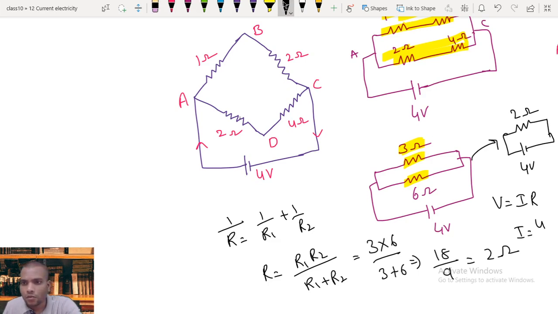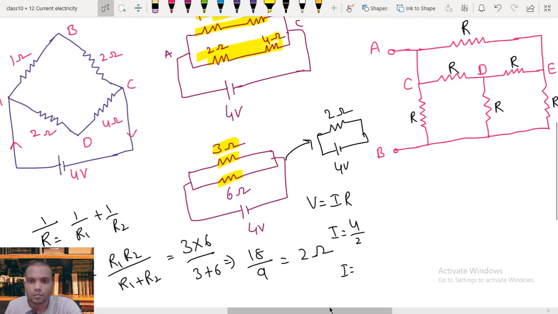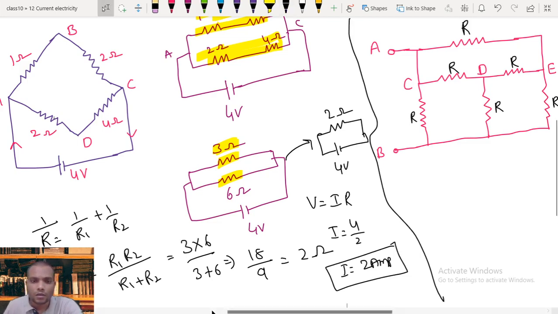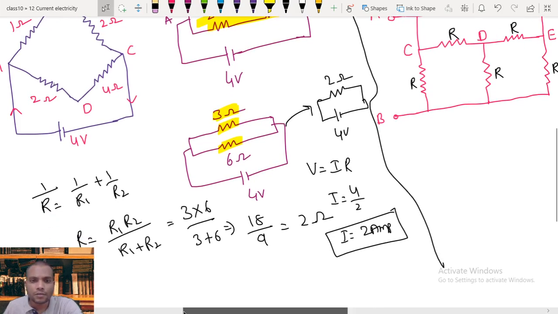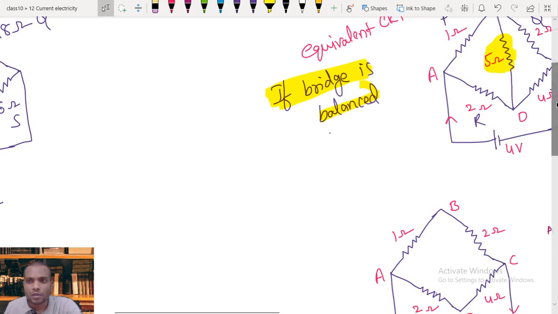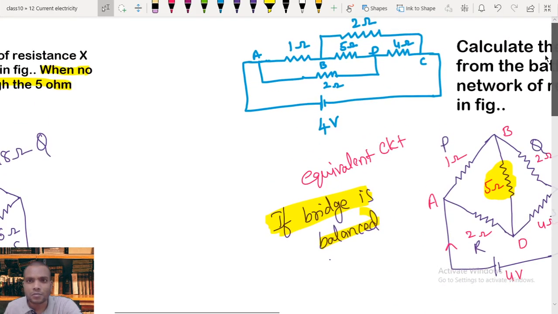I equal to 4 upon 2, so I equal to 2 amperes. So the current which is flowing through the network is only 2 amperes.